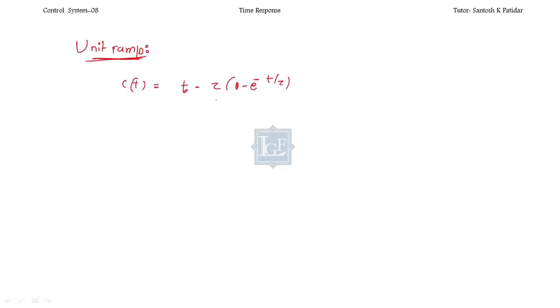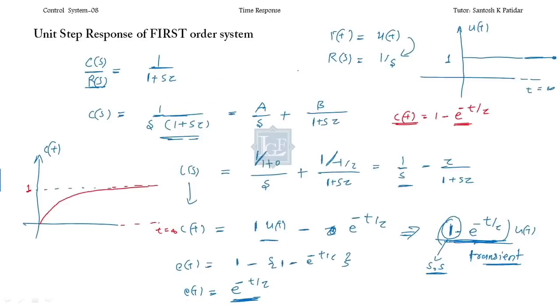This is the response for unit ramp. Let me correct myself, I did something wrong over here. This is not c(t), this is e(t) I drew over here. This is for the error. The e to the power minus t by tau graph is like this. Correct? I'm extremely sorry for this. This is for c(t).